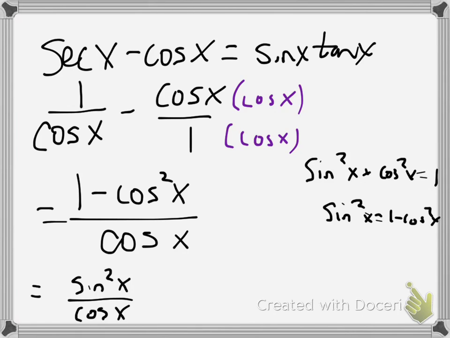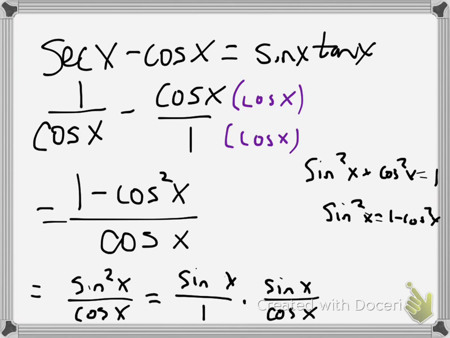Let's break the fraction up. Let's decompose it into two separate fractions. So let's think of it as sine, not sine squared anymore, excuse me, just sine to the first of x over 1 times another sine of x over cosine x.